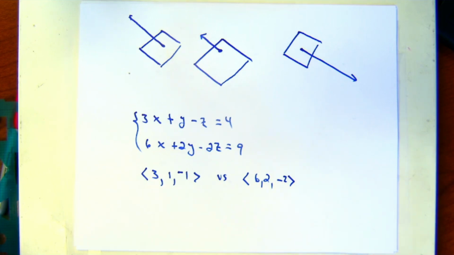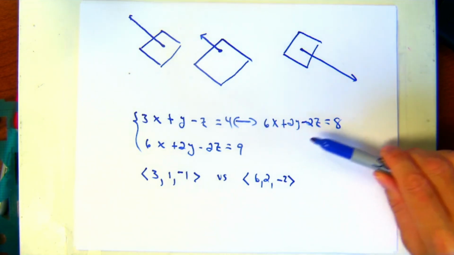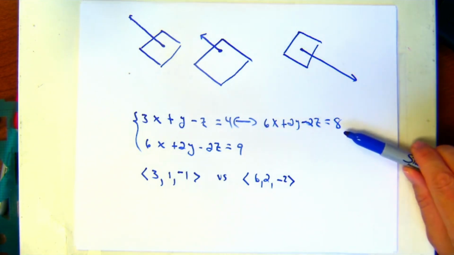It could be that the second plane is just a rewritten version of the first one, or it could be that these two planes have no points in common. If you take the first equation and multiply it by 2, you'll see which way it goes. The first equation says the same thing as 6x plus 2y minus 2z equals 8.